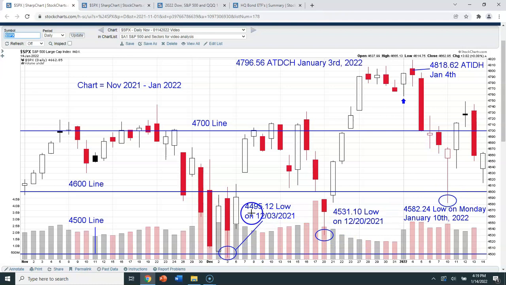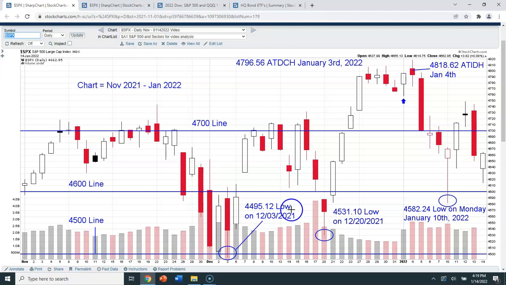So we can see here on December 3rd that we pulled back to 4,495.12 right there. Now, that's the first time in months, right? This chart only goes back to the 1st of November, but you can clearly see that that is the only day since the beginning of November, if not before, but we're not going to look at that right now, that we've had any trading below 4,500 right there on the 3rd of December.